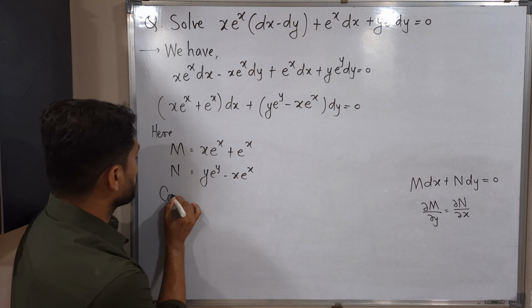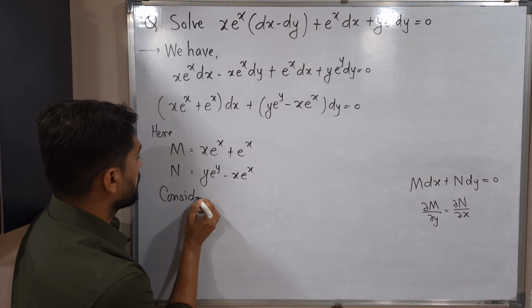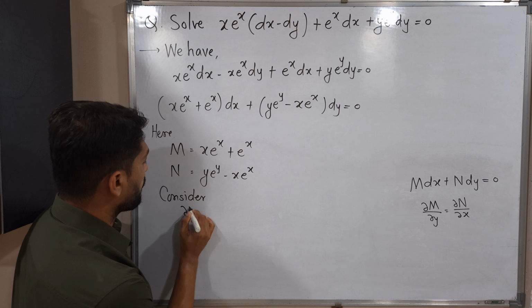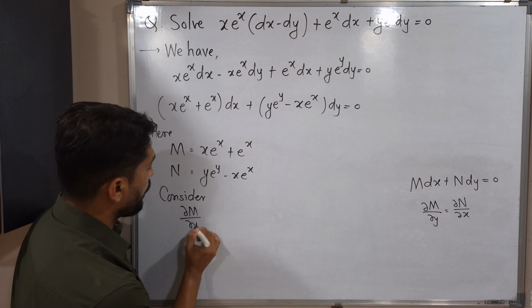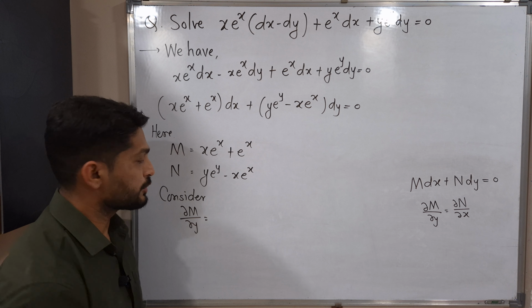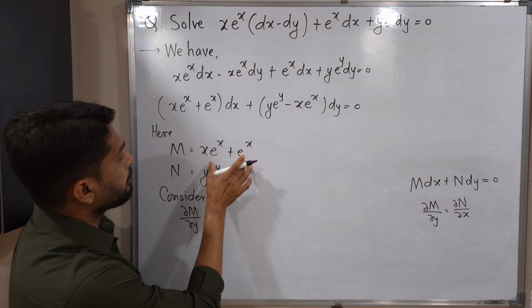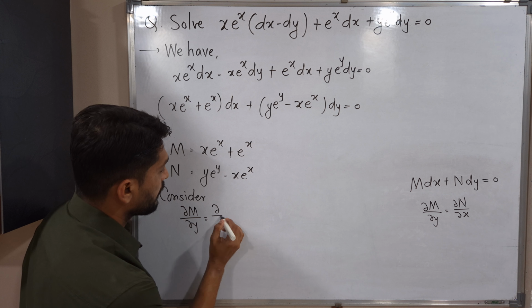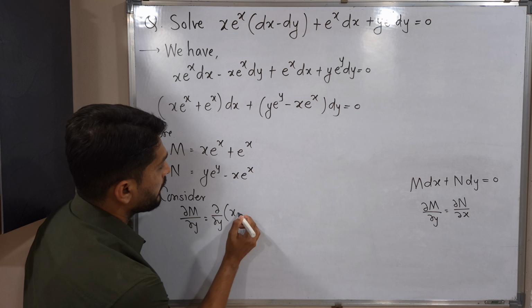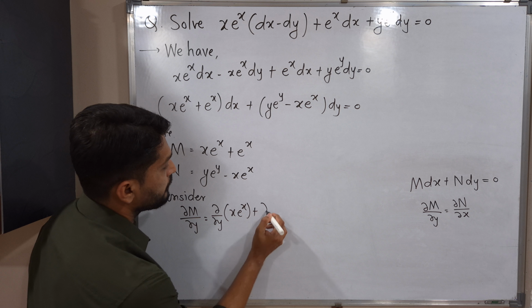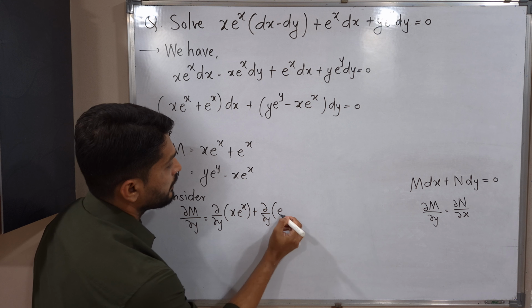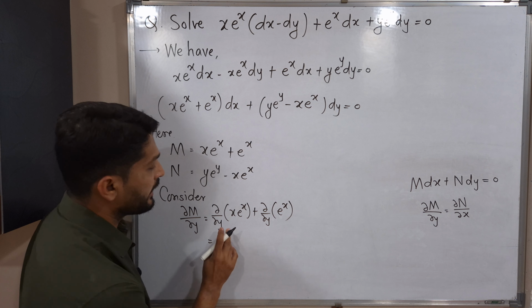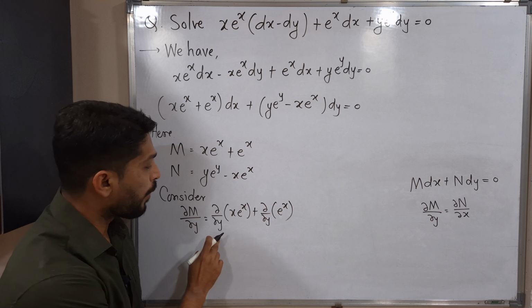So consider the partial derivative of M with respect to y. So let us find the partial derivative of M with respect to y. This is my M. There are two terms, so I will take the separate derivatives. Derivative of x e raised to x plus derivative of e raised to x. So you can easily see we are differentiating with respect to y.